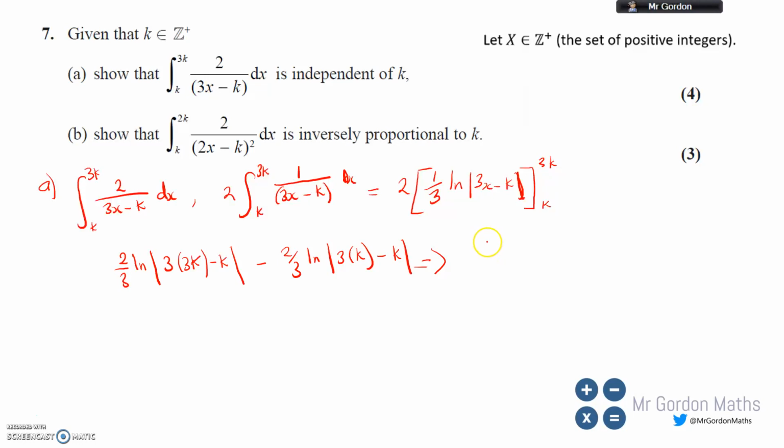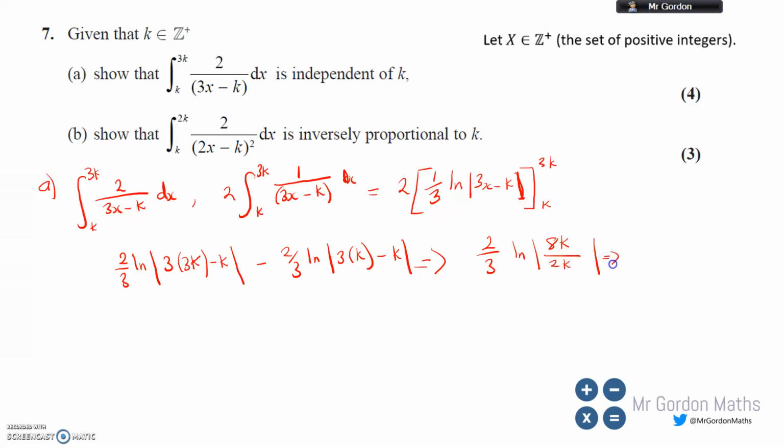So I get 2/3 of the natural log of the first one, which is 9k minus k, which is 8k, divided by the second one, which is 3k take away k, which is just 2k.